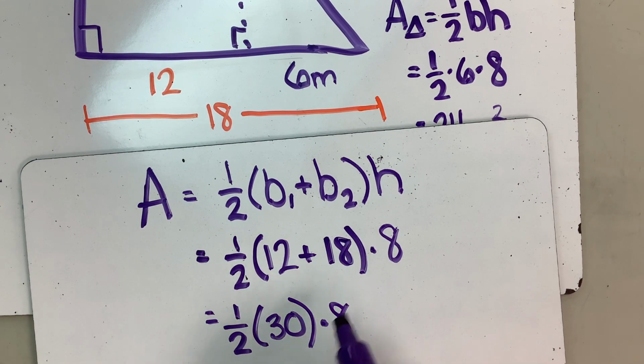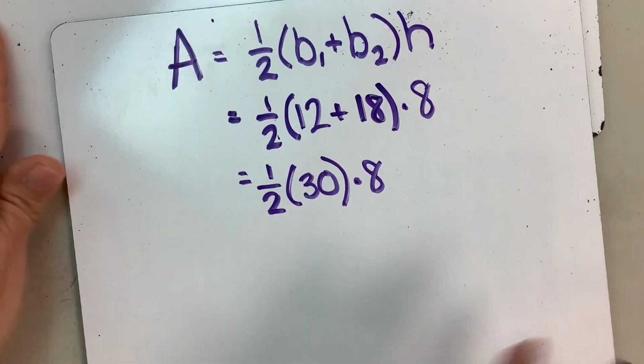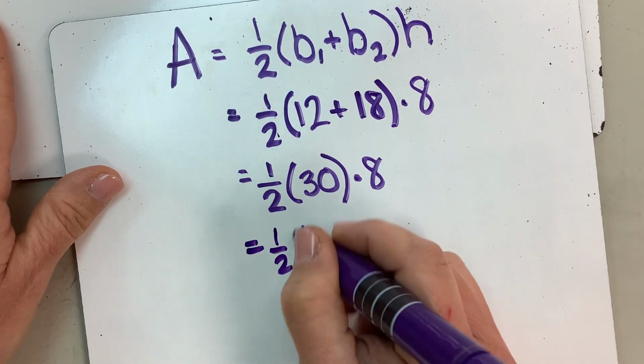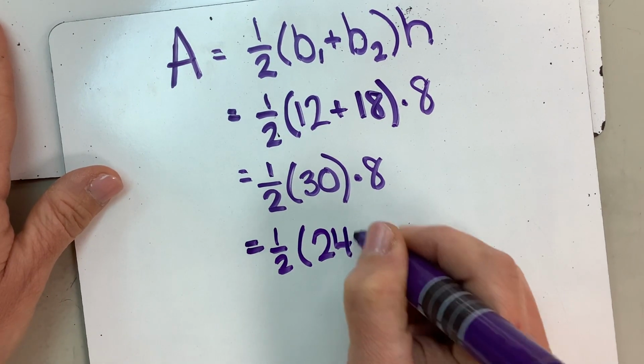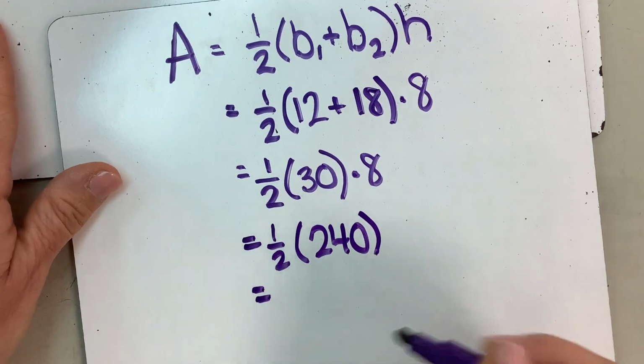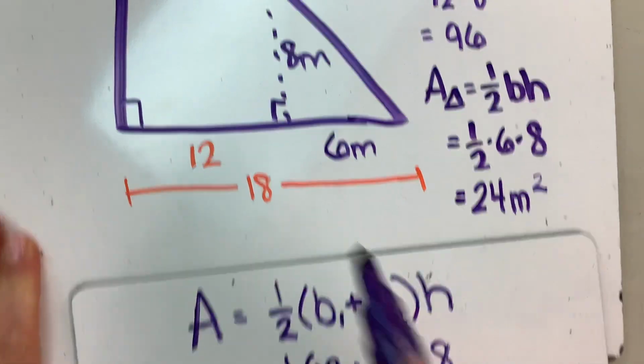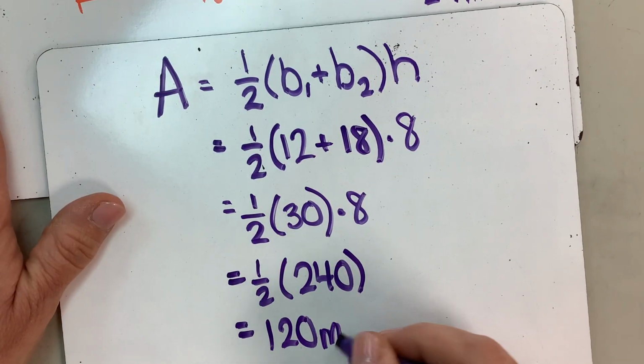Now, we can take a half of these. It really doesn't matter. I'm just going to work this one out first. I'm going to do 3 times 8, which is 24, and stick a 0 on it. And then half of that would be 120, and we used meters, so meters squared.